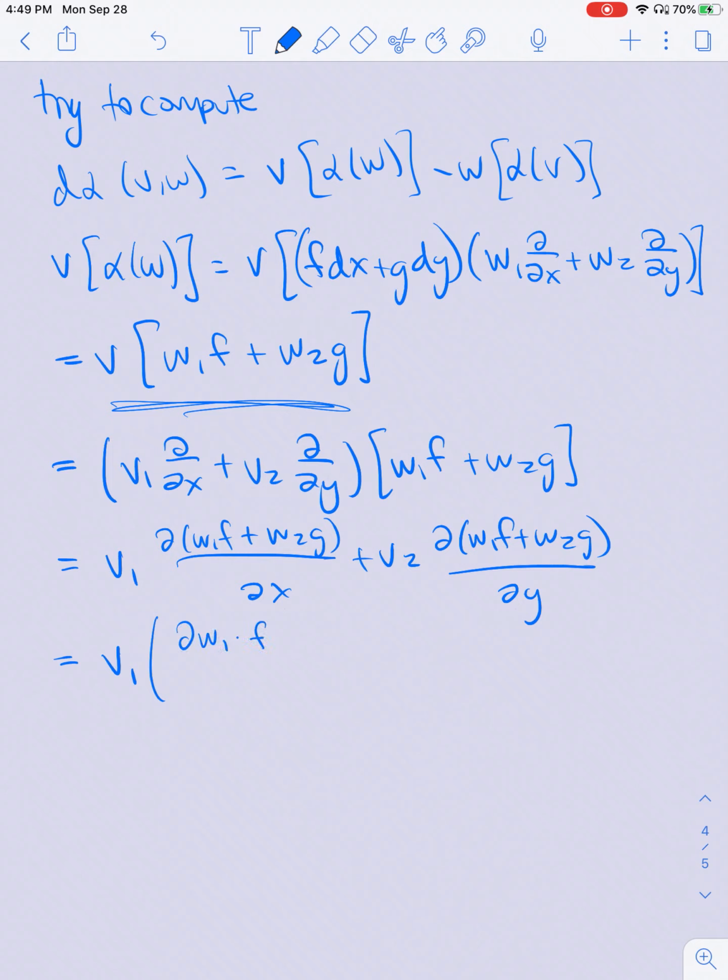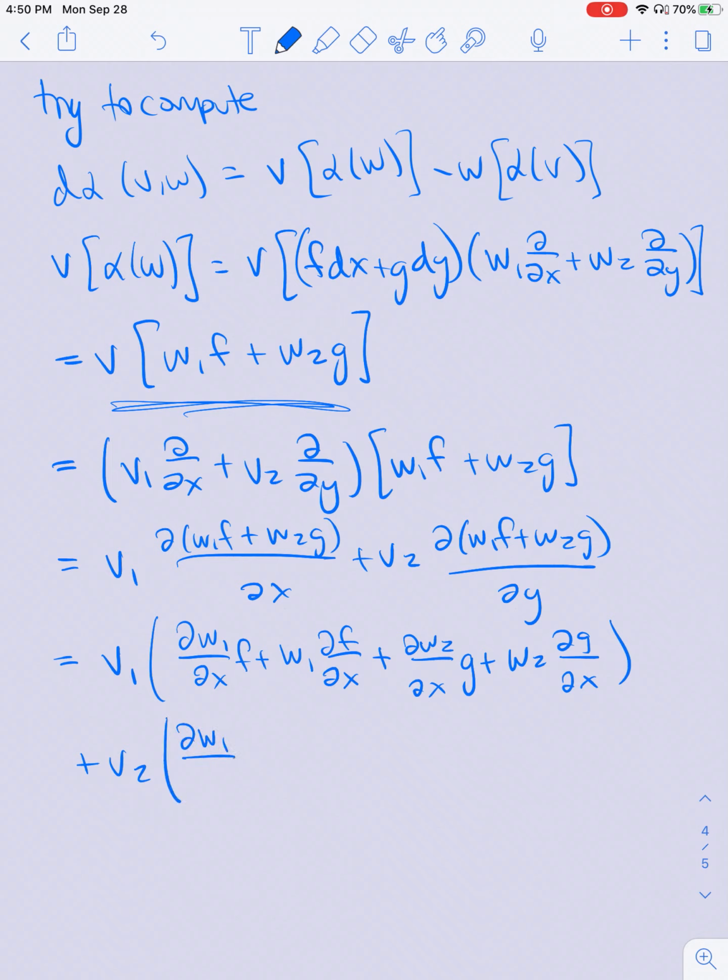dw1/dx times f plus w1 times df/dx plus dw2/dx times g plus w2 dg/dx, plus v2 times dw1/dy times f plus w1 df/dy plus dw2/dy times g plus w2 times dg/dy.